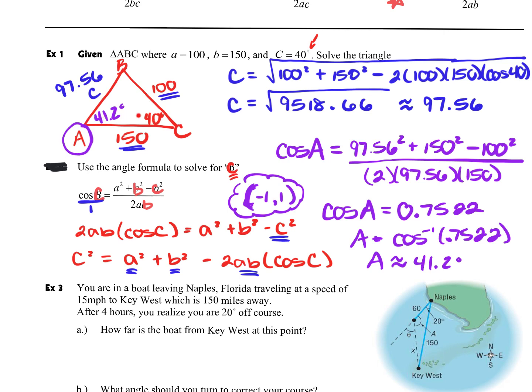These two angles are almost the same because these two sides are almost the same. And then our remaining angle, we can find by just subtracting the remaining 2 from 180, and we will get our remaining angle of 98.8 degrees. So we've got 98.8 for that angle, 41.2 for that angle, and we have found our missing side.